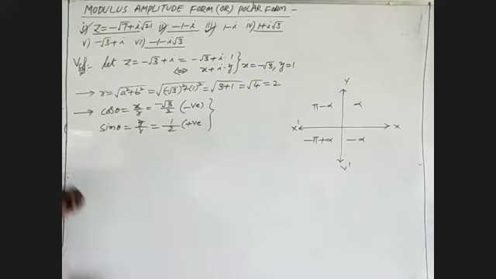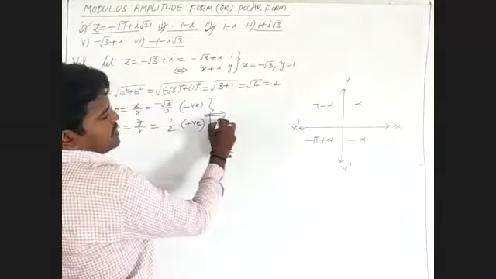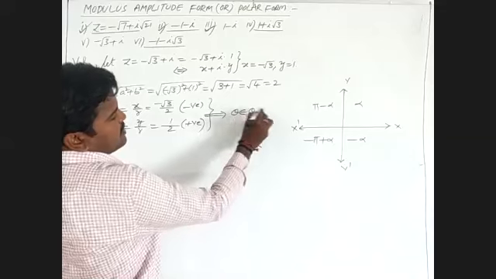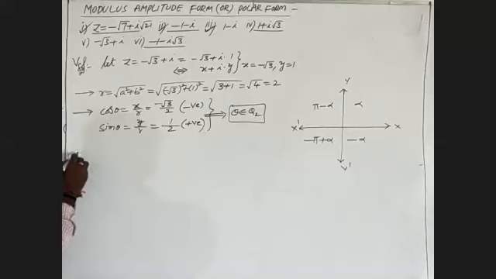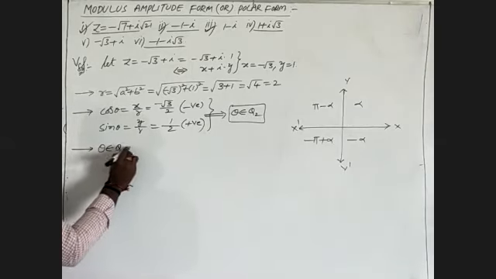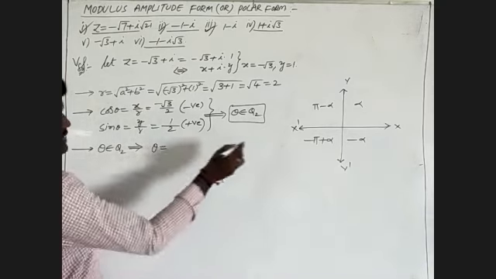We will observe the trigonometric quadrant. Cos is negative, sin is positive, means the given theta lies in quadrant 2. The third step: theta lies in quadrant 2, means then theta is equal to, what is the formula?